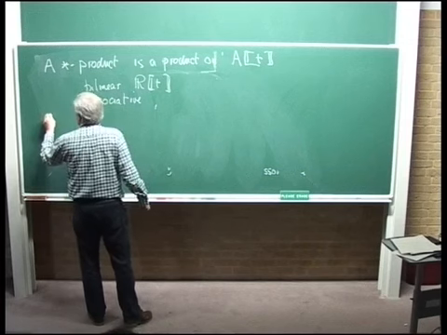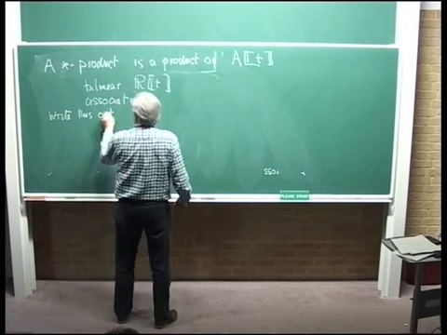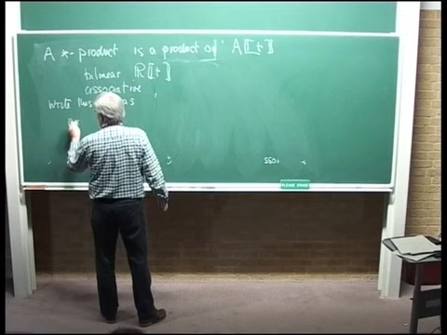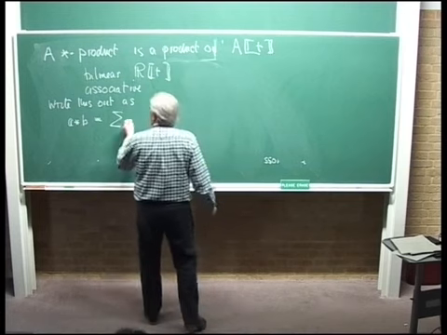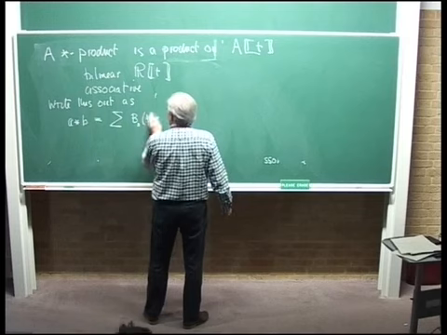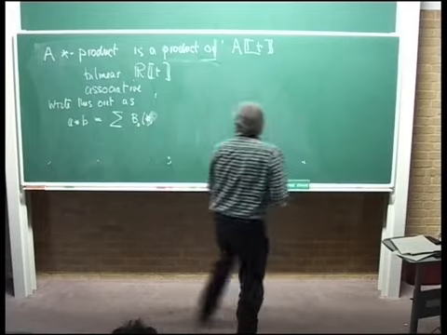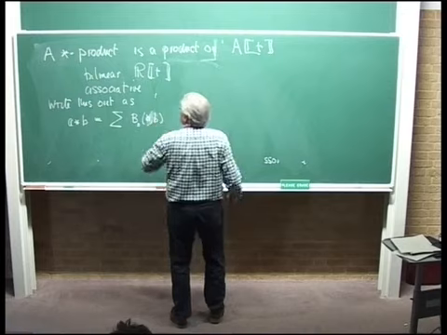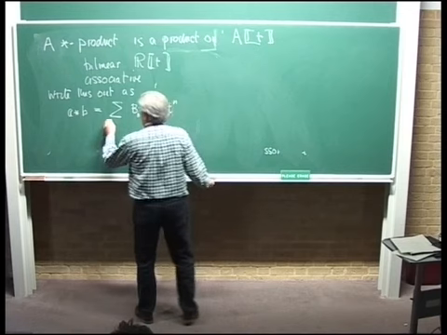Let me write it. A star B is equal to the sum of B n of A, B, T to the n. I left out a term. Okay, B n of A, B, T to the n. Okay, we can write it out like that.